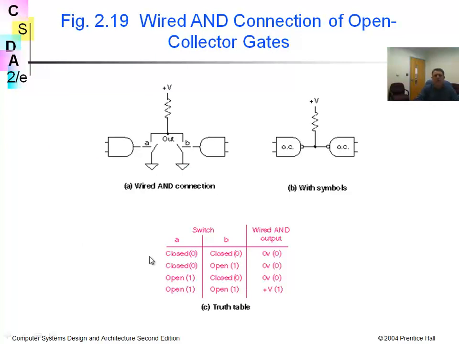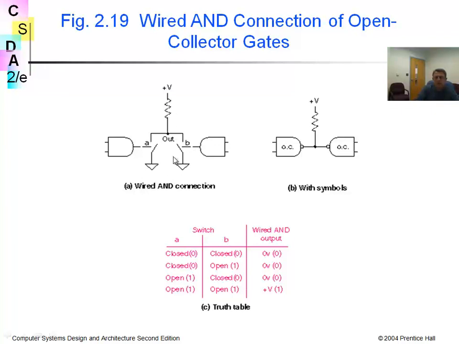Here is a wired AND connection of open collector gates. If you look at it, you have two NAND gates coming in, and a voltage drawn back. Let's say the output of this gate is A, the output of this gate is B, and here's the wired AND output.